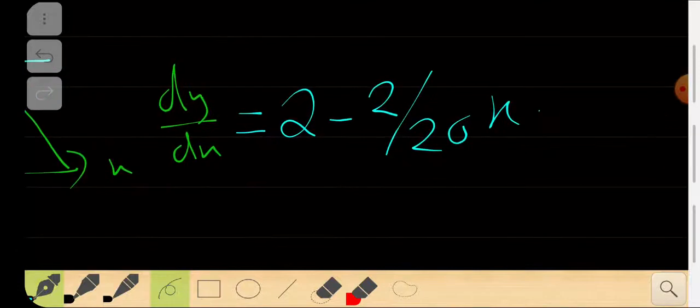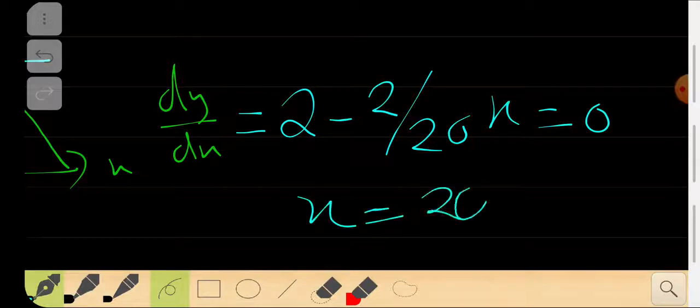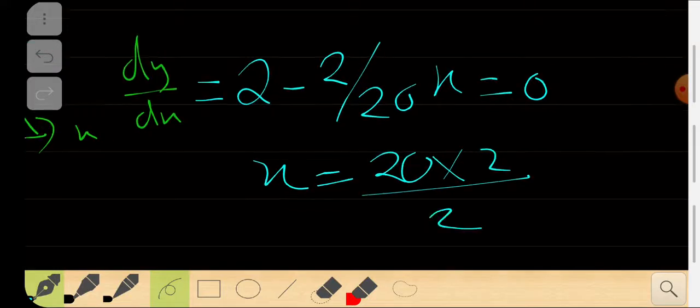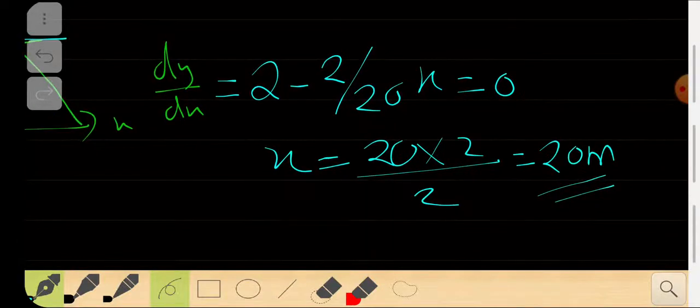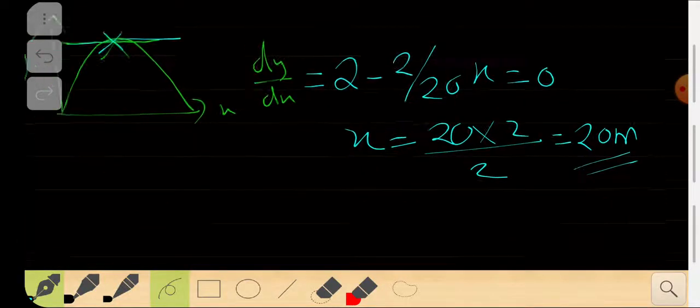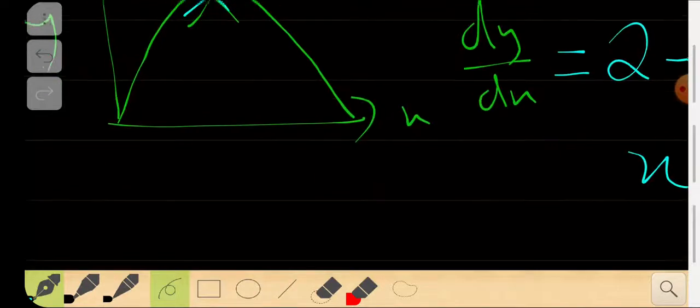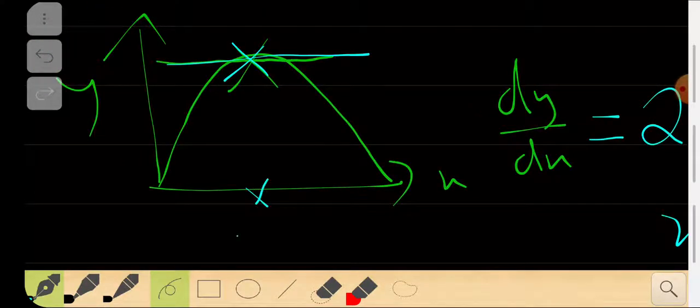That must be equal to 0 at that point, where the slope is 0. So you can equate that: x equals 20 times 2 by 2, which is 20 meters. So the maximum height is at x equal to 20 meters.